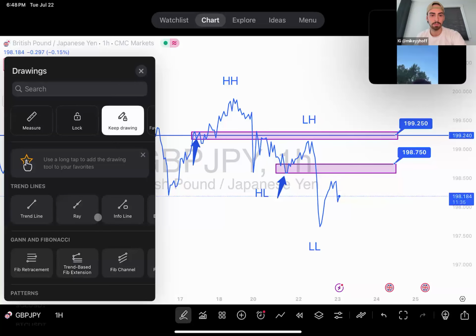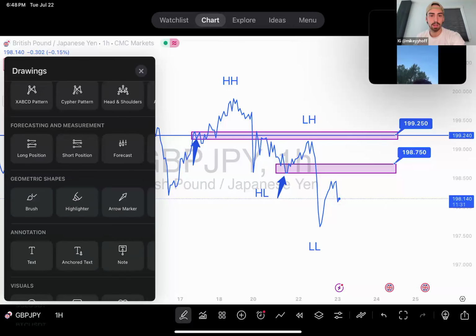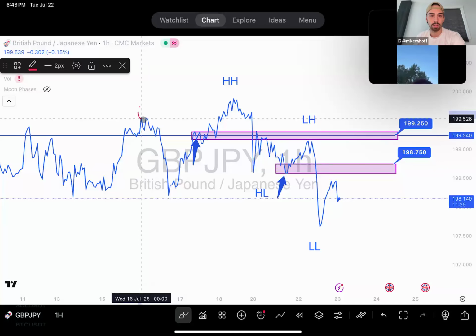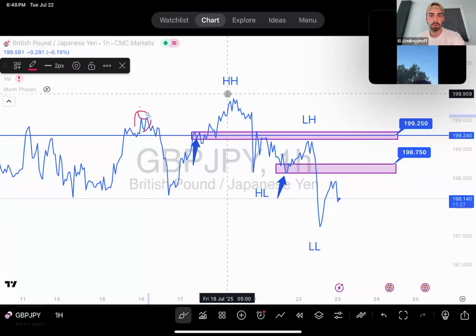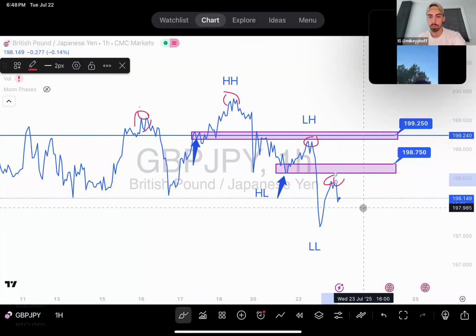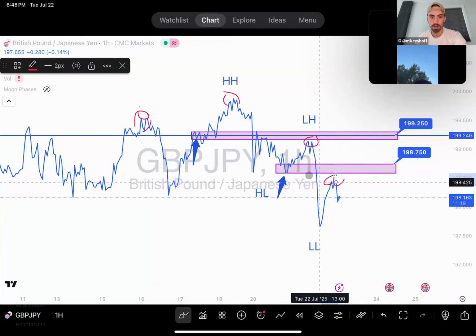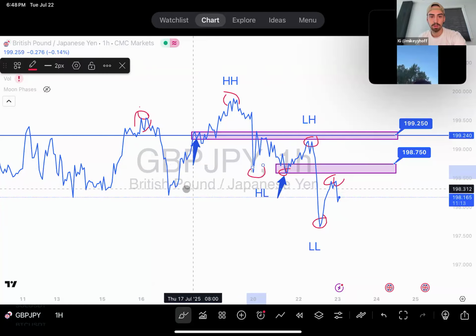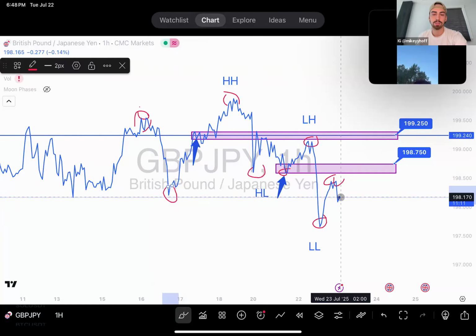So every time the market creates a high point, whether that's here or here or here or even here, those are considered peaks, right? And if the market makes lows, like here, here, here, here, those are considered valleys, right?